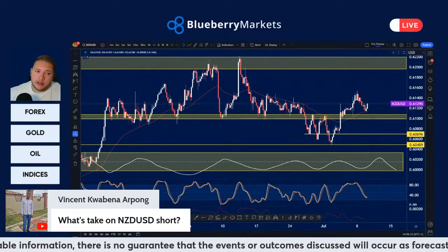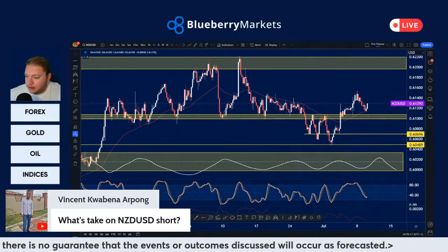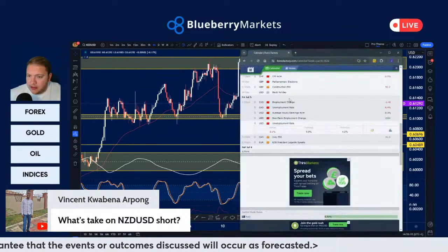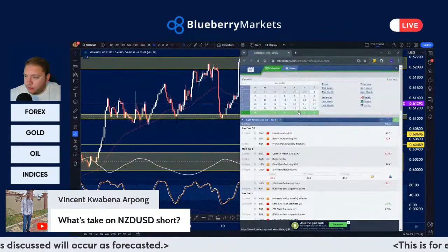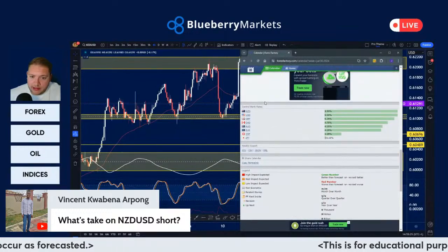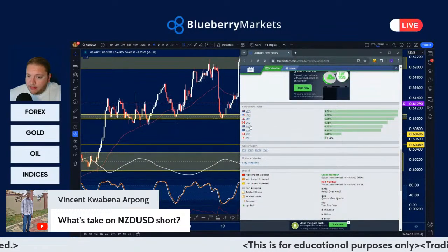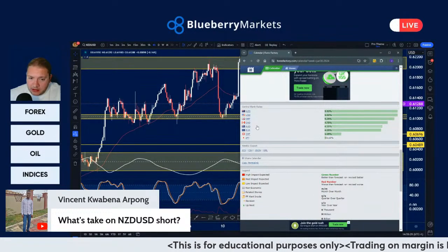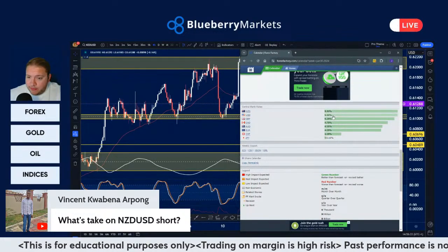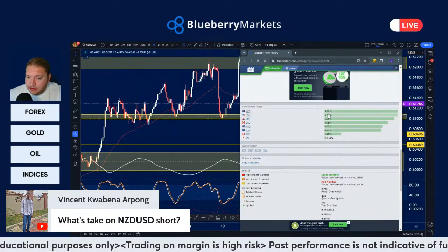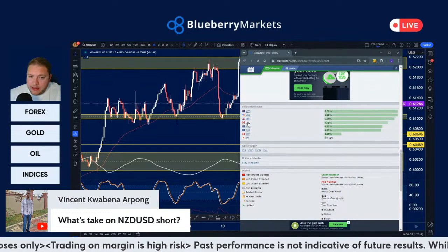If you look at interest rates at the minute, an easy way to do that, if you are looking at what the central bank rates are, is just come onto your Forex Factory. Forex Factory have got a really simple central bank rates section here that you can go and look at. So New Zealand dollar 5.5%, dollar 5%. So Kiwi and dollar are at the stronger levels there.